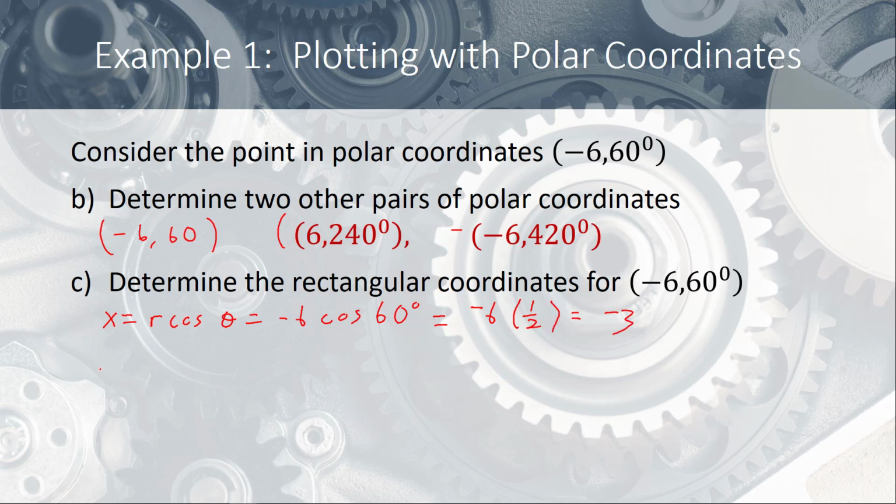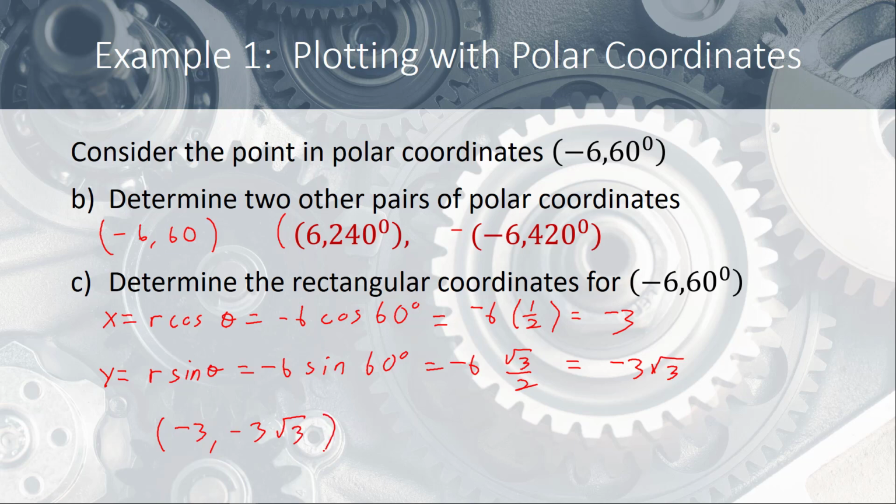And then for y, that's equal to r times the sine of theta, which is -6 times the sine of 60, which is equal to -6 times the square root of 3 divided by 2, which is equal to -3 times the square root of 3. So the Cartesian coordinate, or the rectangular coordinate, is (-3, -3√3). There you go.